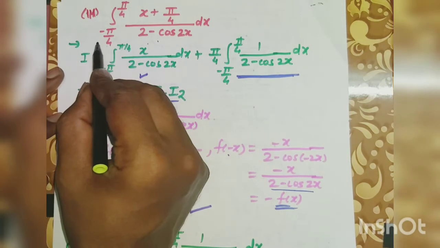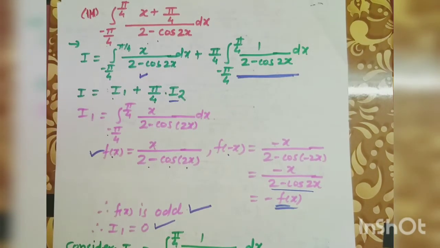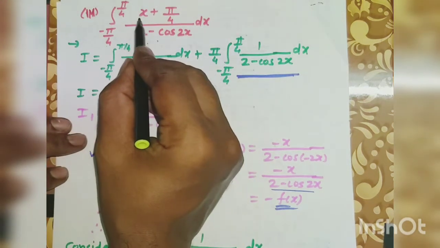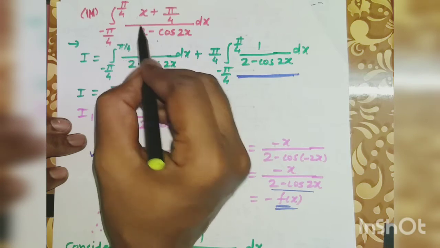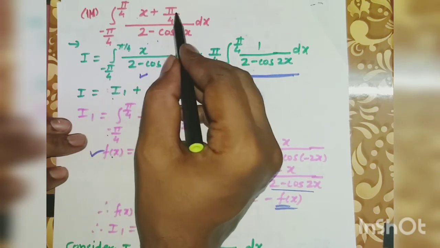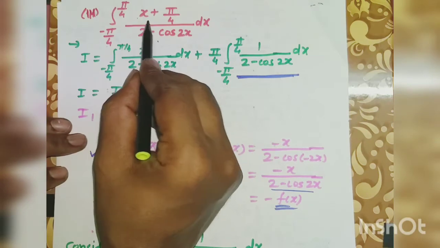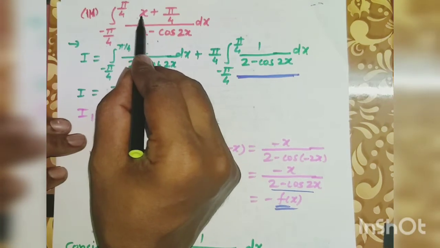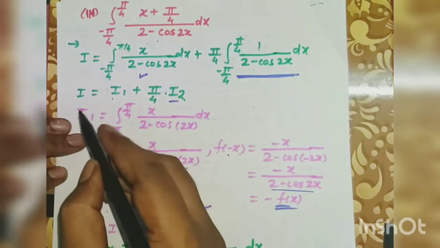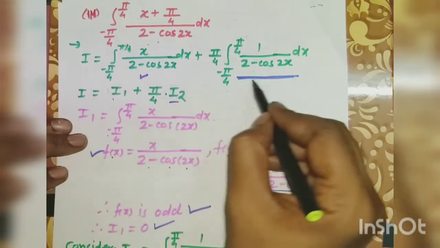If limit is minus a to a, then first check the given function is odd function or even function. In place of x we substitute minus x. This function is not odd, not even. But numerator consists two terms, x plus pi by 4.